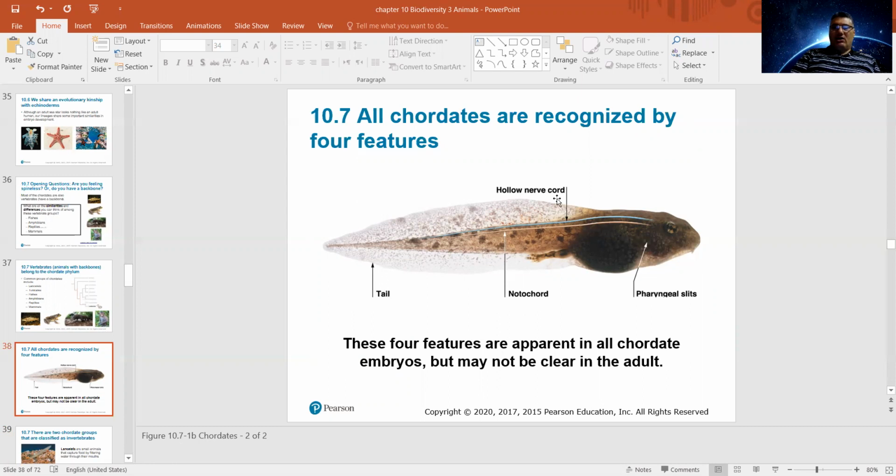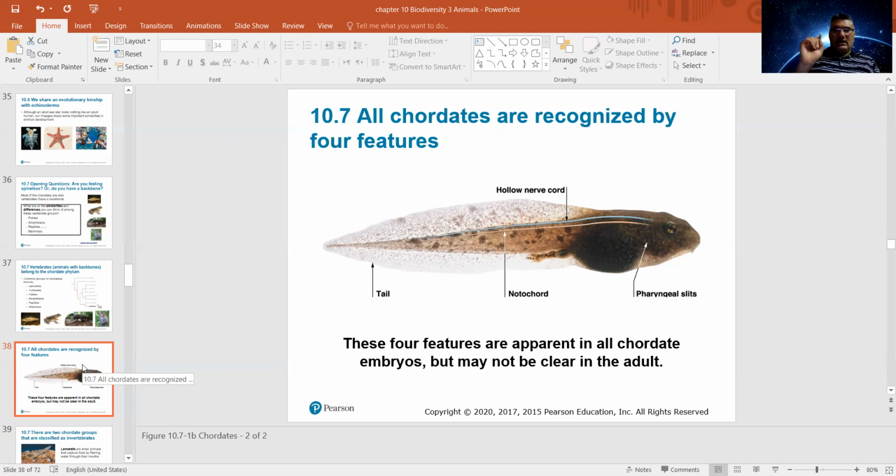They have a hollow nerve cord. Chordate comes from cord. And they usually have a notochord, which strengthens and supports the nerve cord. And they usually have some sort of a tail.